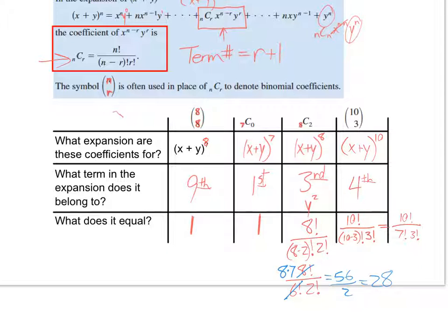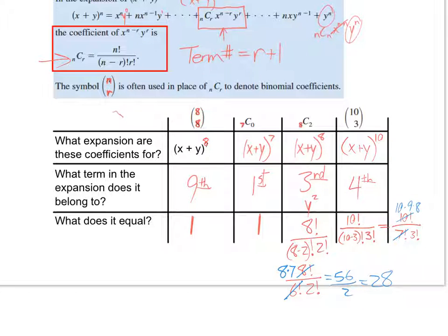So what did you do at this point? We use the 10 and multiply 9 and 8.